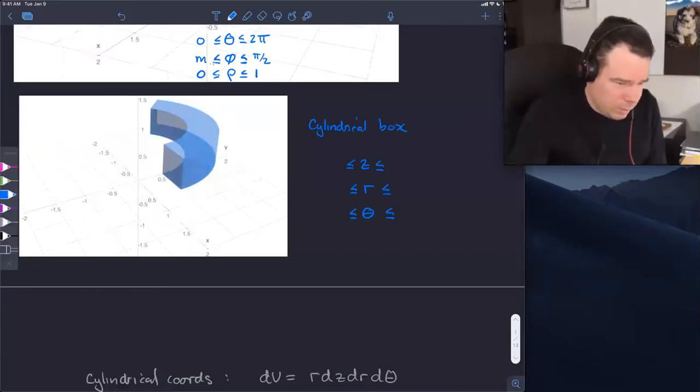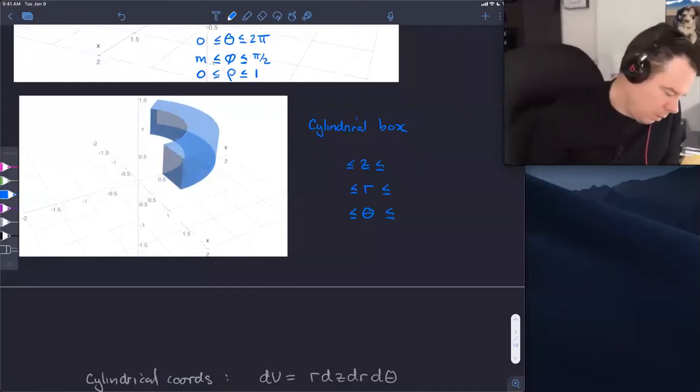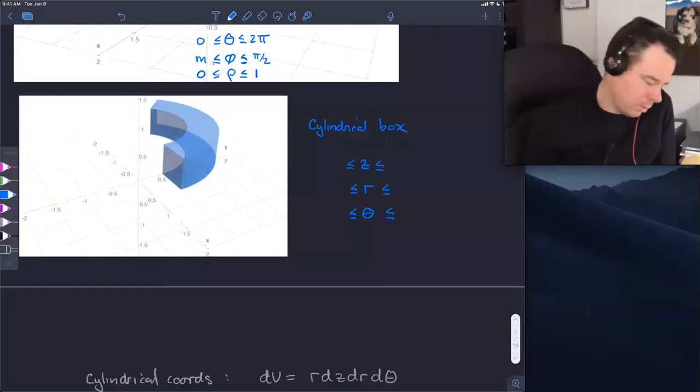You can click the responses tab. About 75% of the class said true, that this is a cylindrical box, and yes, it is. Z is trapped between two values. In some of these three-dimensional regions, I haven't given you equations or anything, so I'm just going from the picture. It might be hard to see unless you could rotate it around.